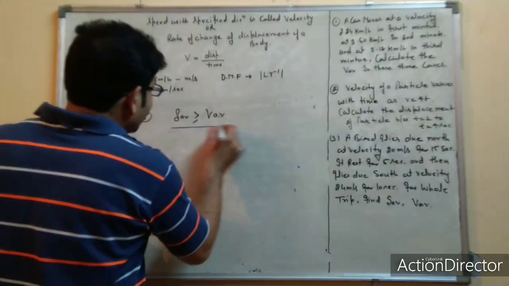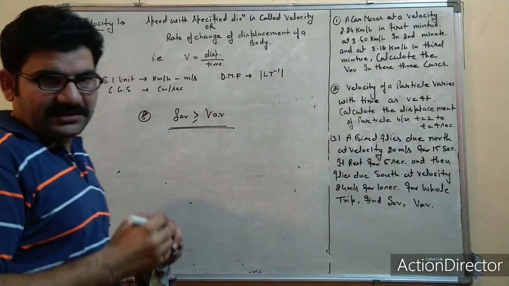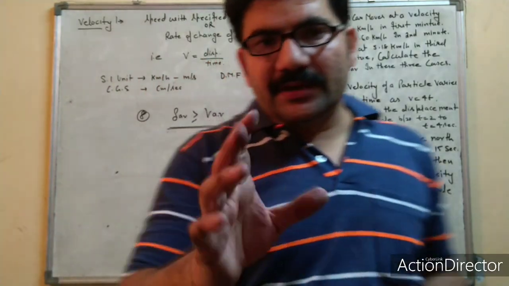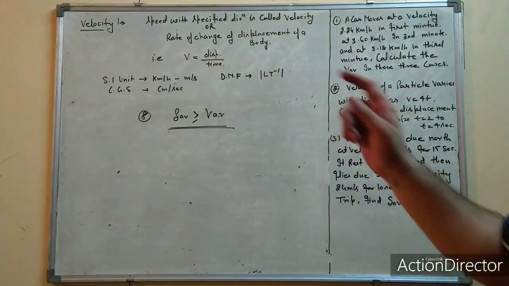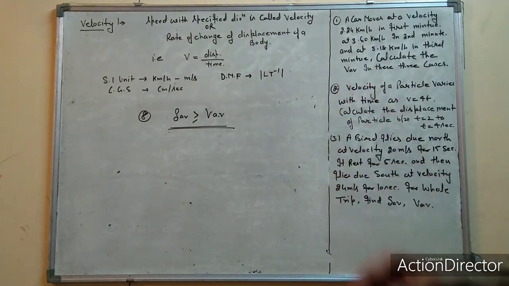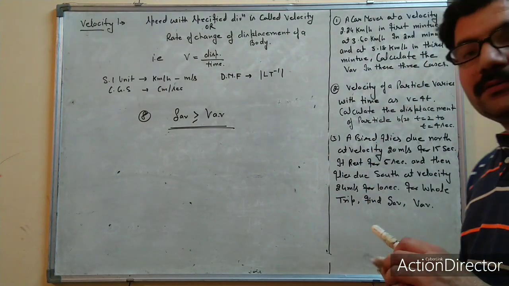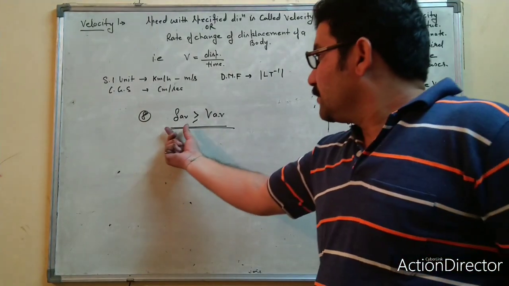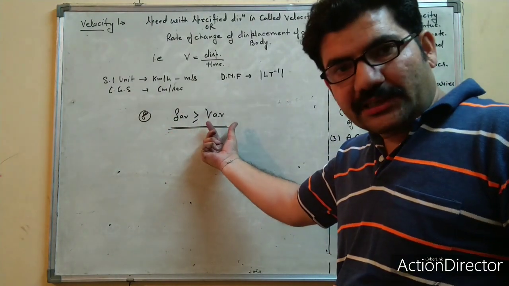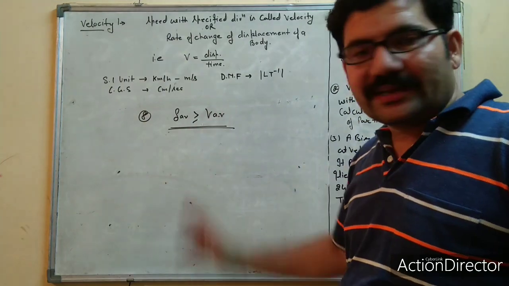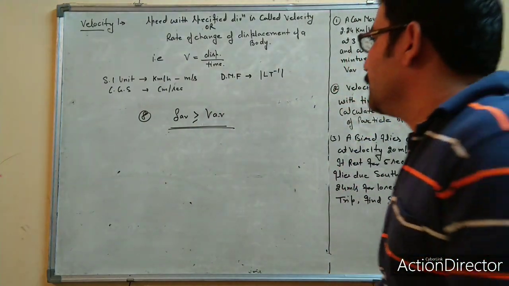This is a very important comparison. If anybody asks what is the relationship between average velocity and average speed, then you must say that average speed is always greater than or equal to average velocity. It never gets smaller than average velocity.